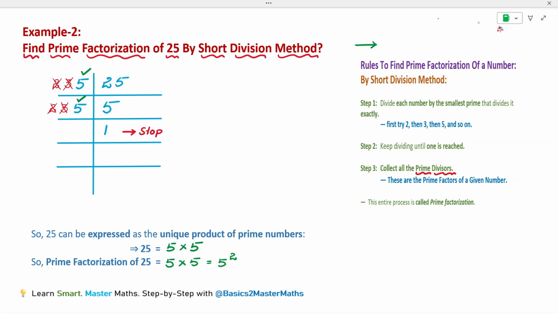So, prime factorization of 25 is 5 multiplied by 5. Got it?